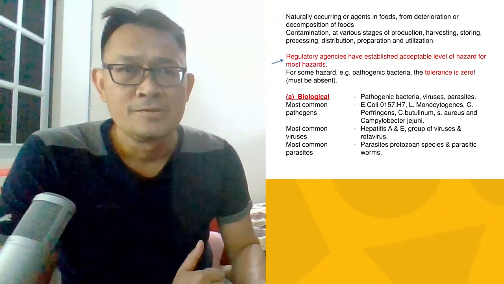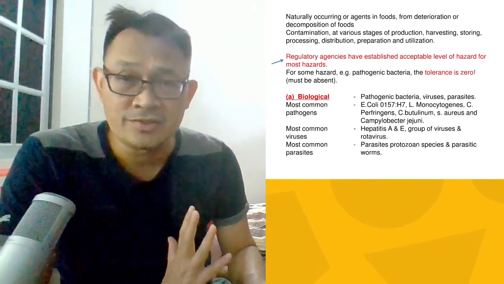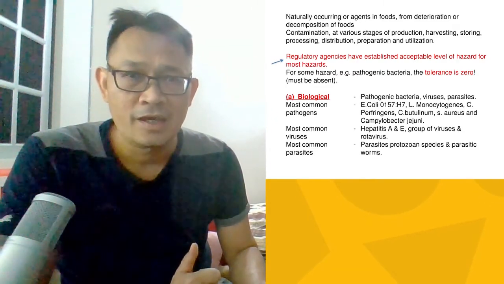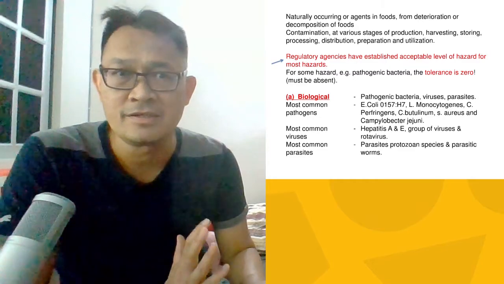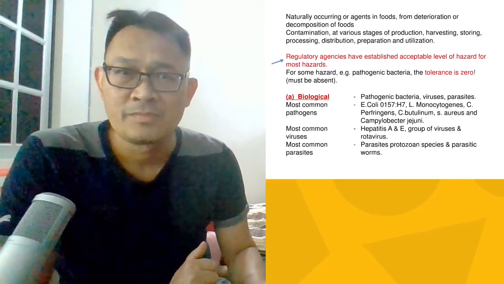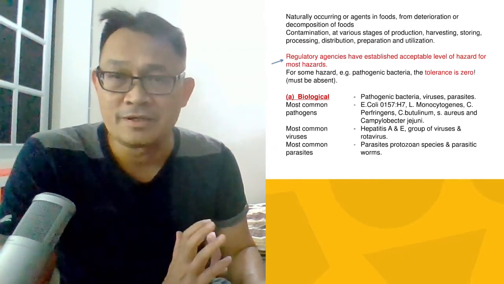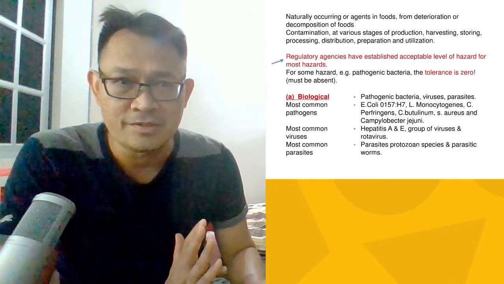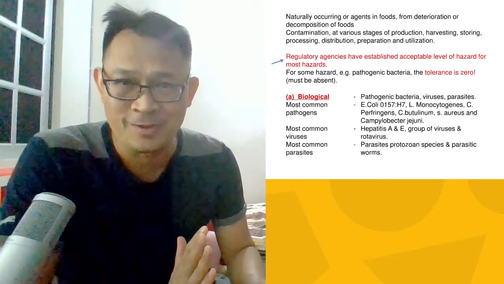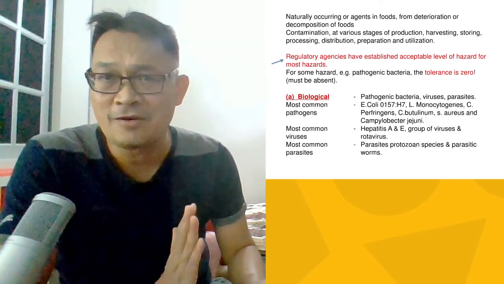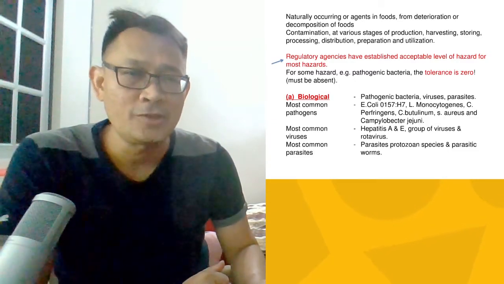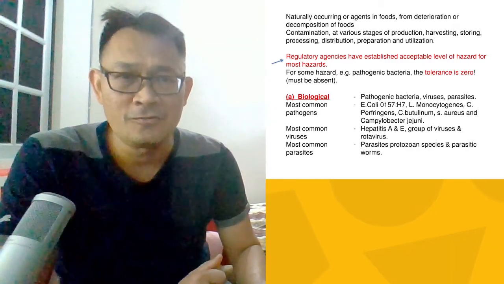Yeah. So food regulatory agencies like MOH have established acceptable levels of hazards for most hazards, and for some hazards like these pathogens, they already established the tolerance that is 0. Therefore they shouldn't have these particular pathogens inside particular food products.